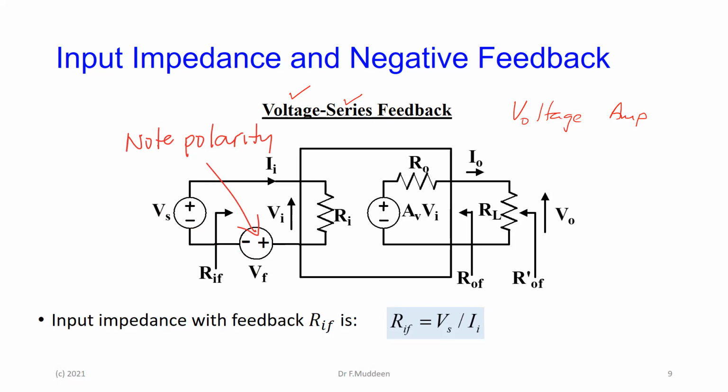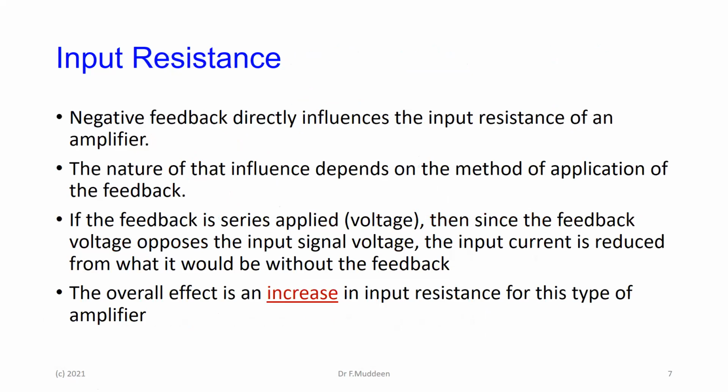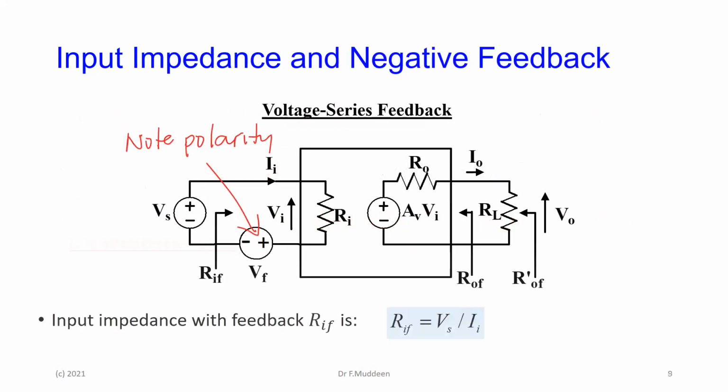So the calculation here, therefore, is that if I have a source voltage, if the feedback is applied in series, then since the voltage is opposing the input voltage, see what happened here. So this voltage here now, Vn, is Vs minus Vf.